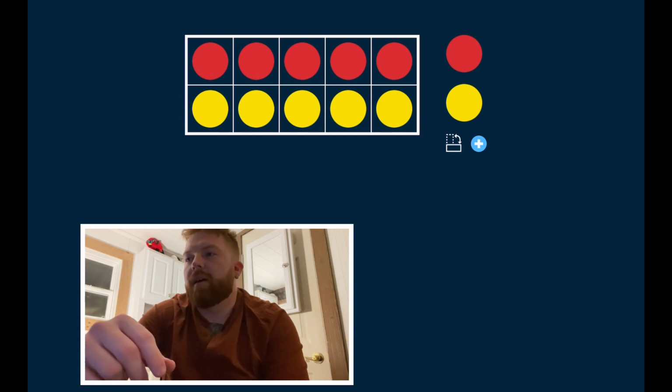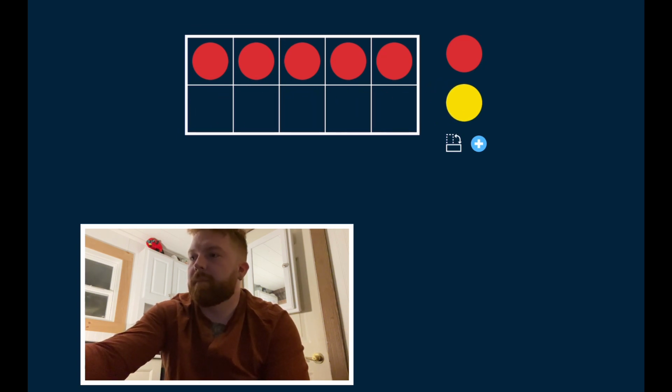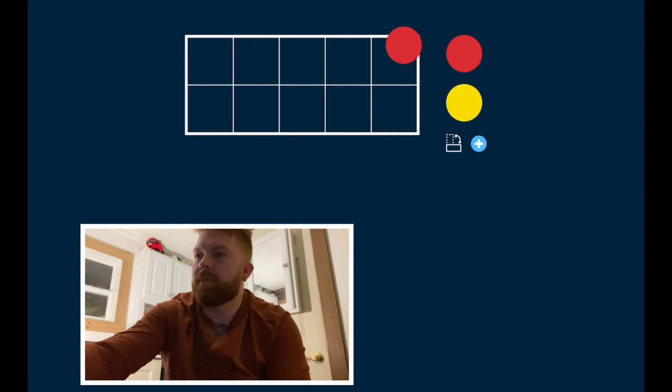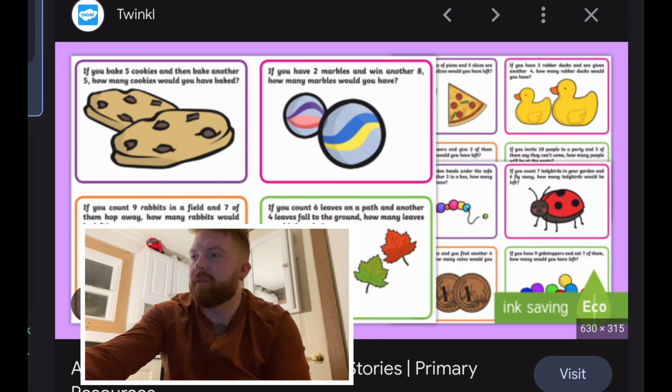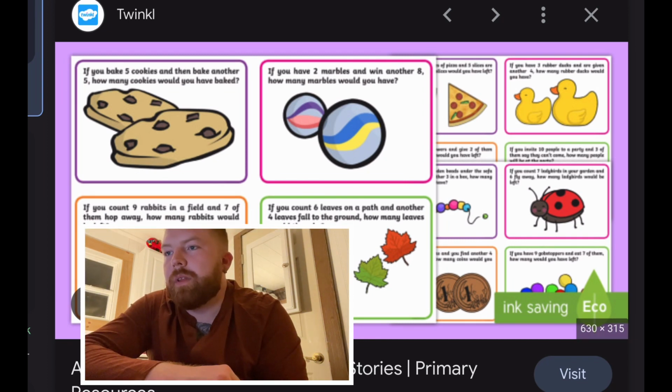Let's go back to another word problem. We'll do one more. And once again, keep in mind that this same method works for adding and subtracting within 20. Okay, let's read the next one with the marbles.